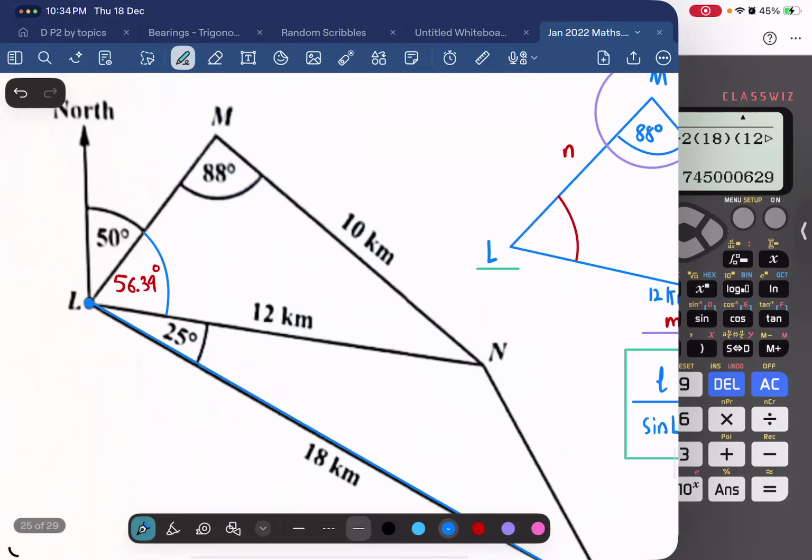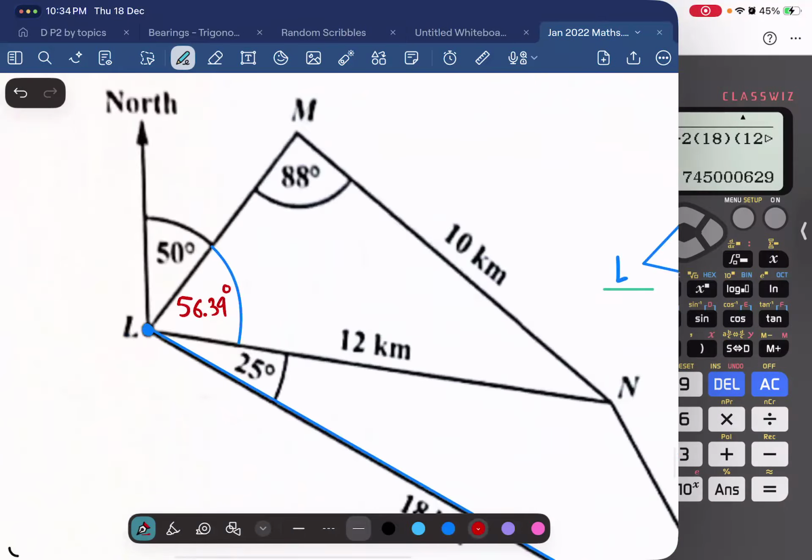I'm going to start from the north line and go in a clockwise direction, and that would be the bearing. Tell me if you understand that, or I can re-explain it.